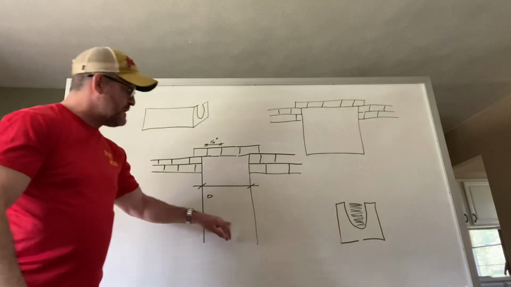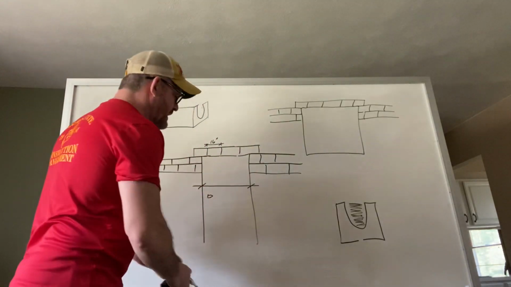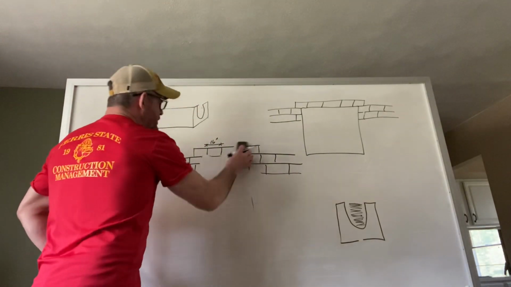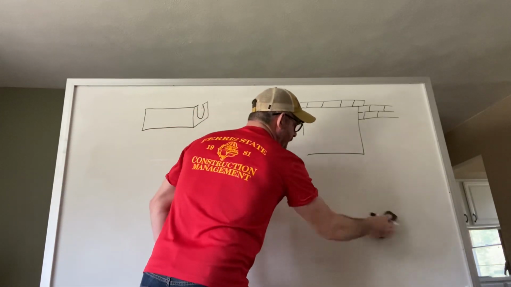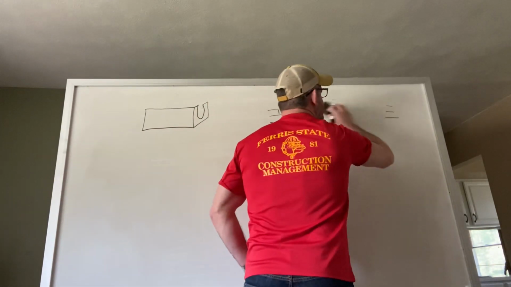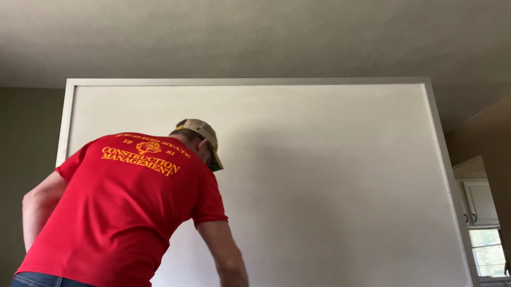But the first thing we have to do is worry about the width of each one of our openings. So we do the exact same thing that we just did with our bullnose block, except now we're looking for the information concerning the width of our openings.